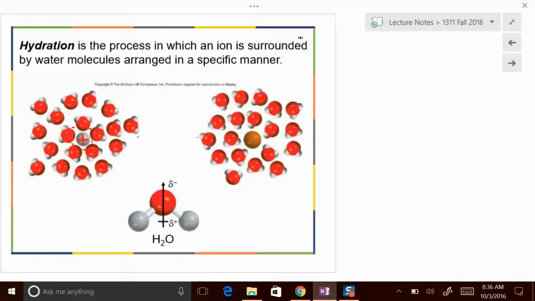Because all these partially negatively charged waters just surround it and rip it off. And look what happens to the chlorine, the negative anion. All these partially positive hydrogens, boom, they rip that thing off and they dissolve it. They surround it. Okay? And so sodium chloride doesn't stand a chance when it gets in the presence of water. It just gets pulled apart. Okay?